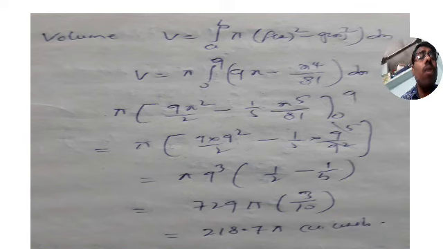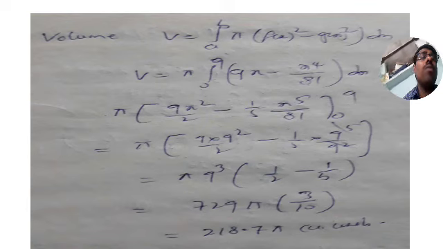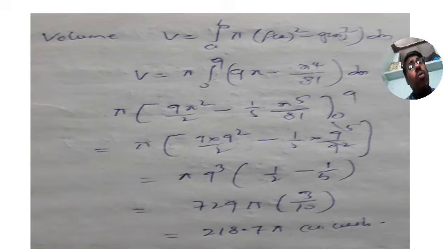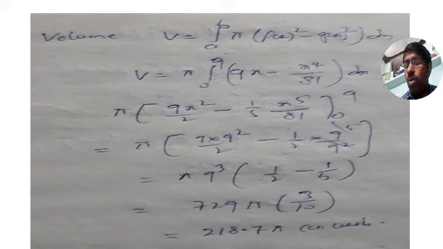Apply upper limit minus lower limit, but the lower limit is 0. In place of x you put 0, so the terms become 0, so only the upper limit. So pi into upper limit, that is 9. Take 9 cube outside and take LCM. You get the answer. What is the answer, guys? 218.7 pi cubic units.